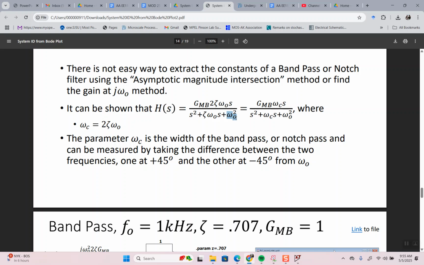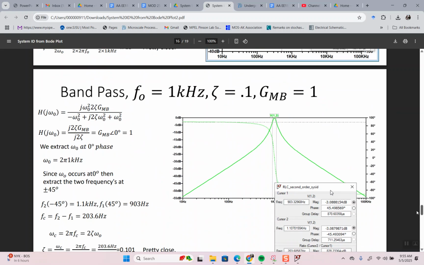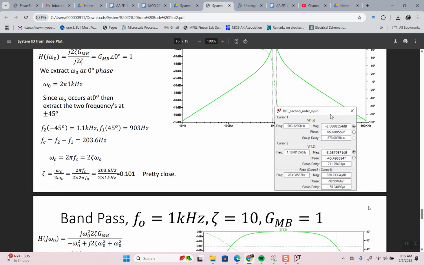It's out of control system. Okay. Anyway, now I find omega naught because it's at the peak. I find the midband gain, great. And then I just go my minus 45 and 45, find the difference. And voila, I get a damping coefficient of 0.1.